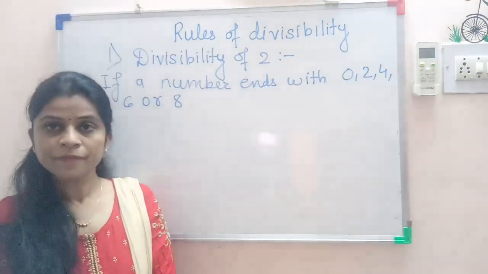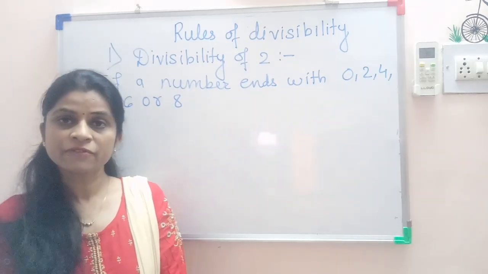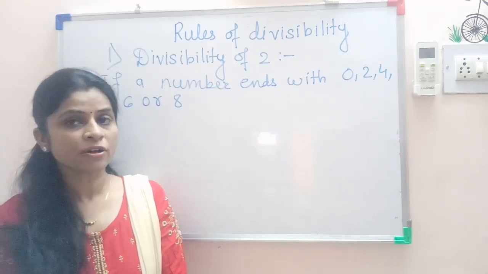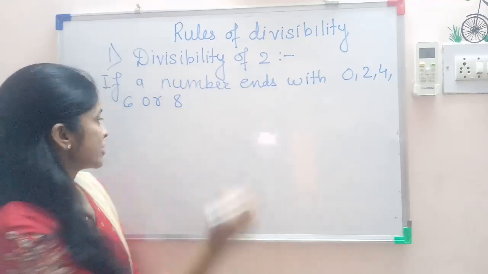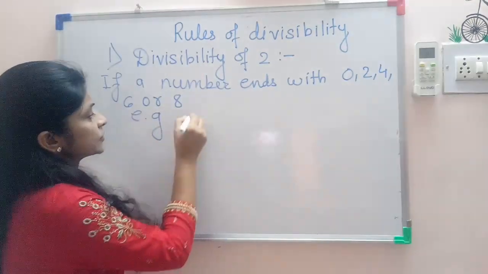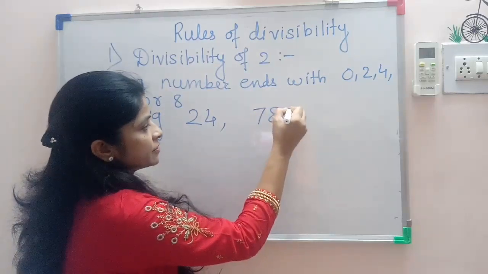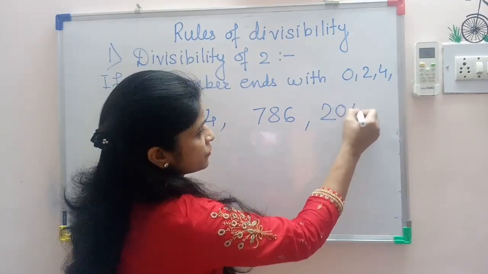Divisibility of 2. See student, if any number ends with 0, 2, 4, 6 or 8, that number is divisible by 2. For example, 24, 786, 2040.